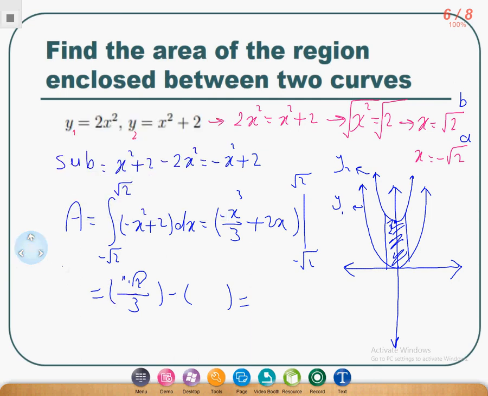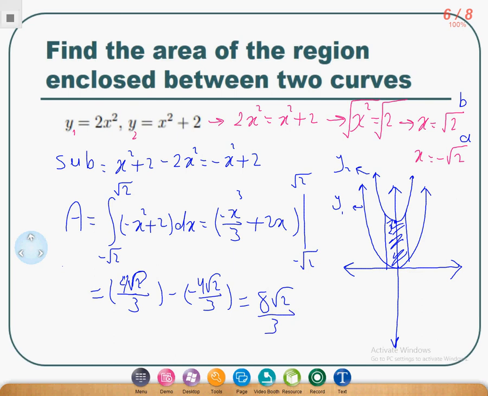It will be 4 square root 2 over 3. And when you replace each x by negative square root, it will be negative 4 square root 2 over 3. Now find the final answer. It will be 8 square root 2 over 3.